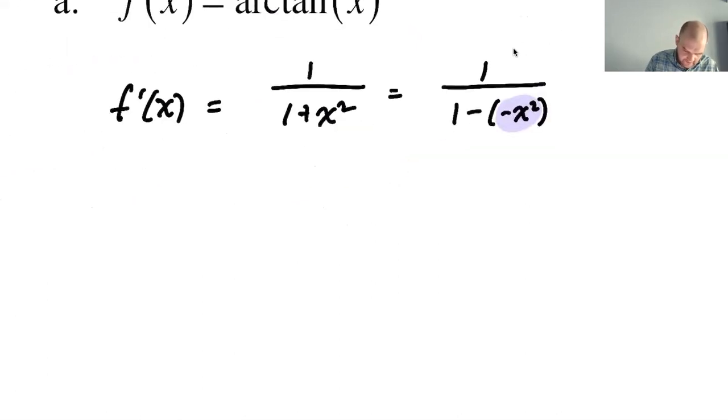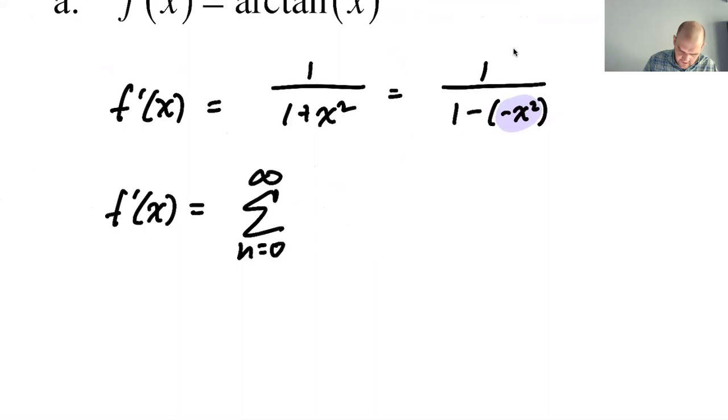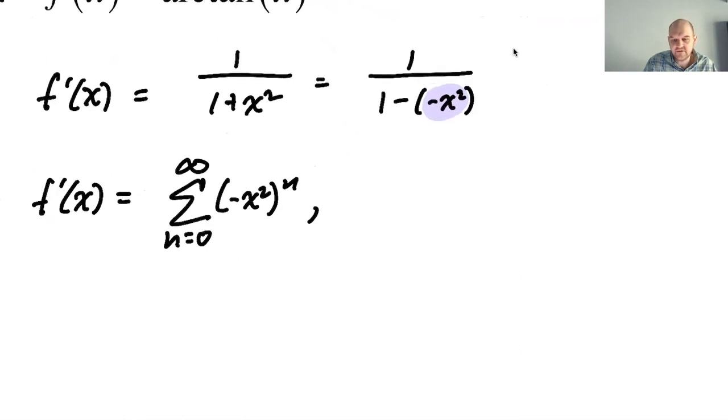So f prime is going to be the sum from 0 of the quantity negative x squared to the n, and then we need the absolute value of r, the absolute value of negative x squared, to be less than 1. But we've done that several times. That's just this.